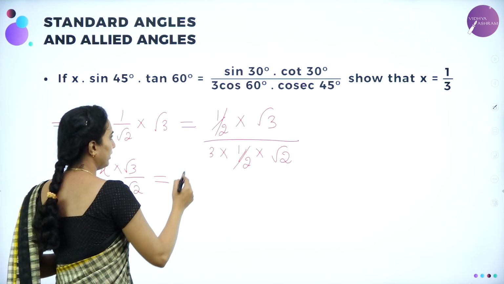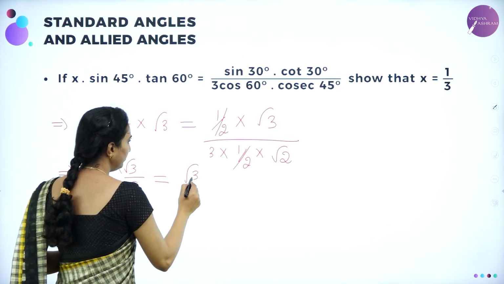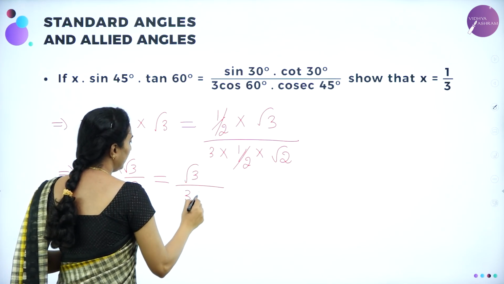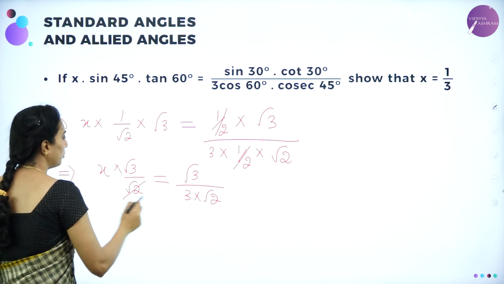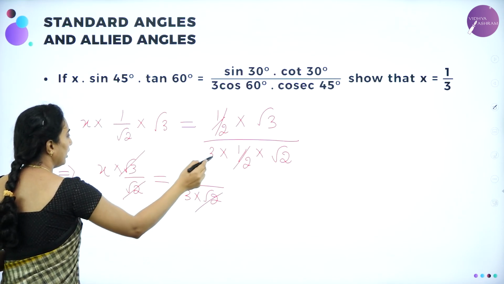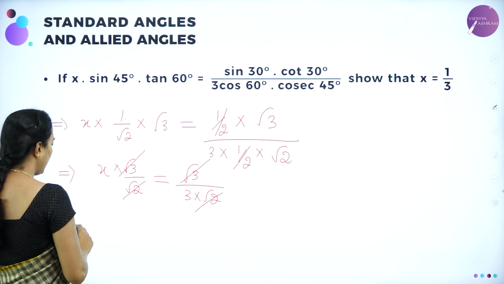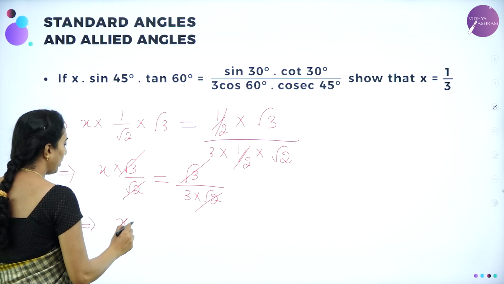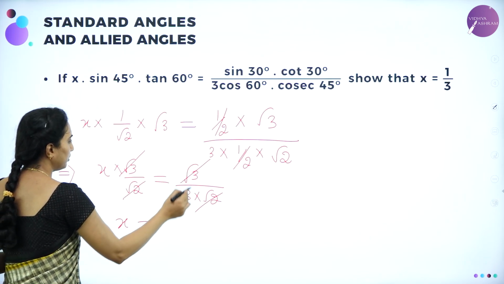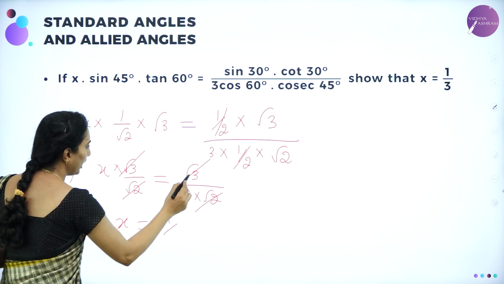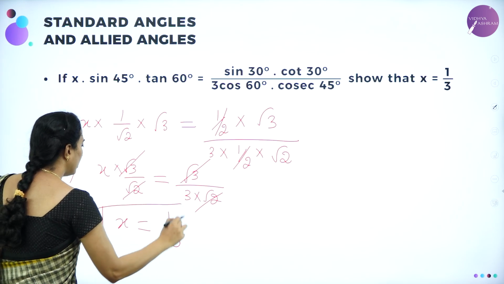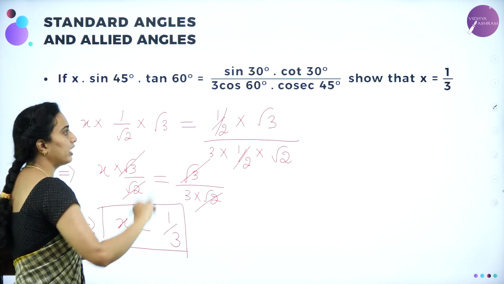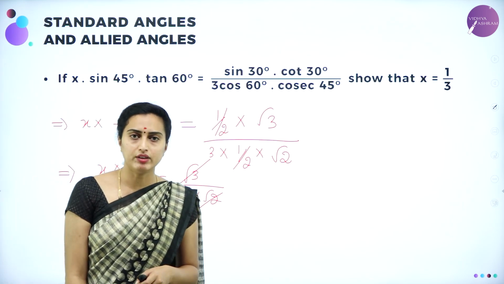So in the numerator you are having root 3 divided by 3 into root 2. Now dears, root 2 and root 2 get cancelled, root 3 and root 3 get cancelled. So the remaining value, nothing will be remaining in the numerator except 1, divided by 3 in the denominator. So we have shown that x is equal to 1 by 3.